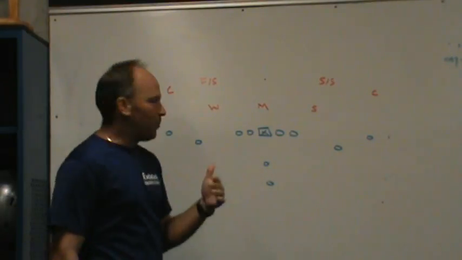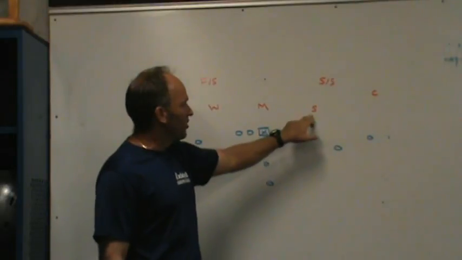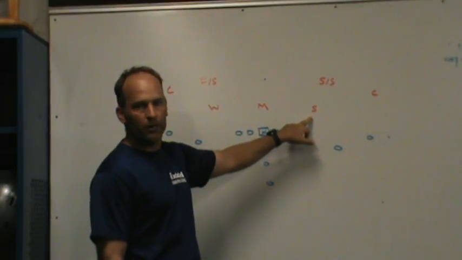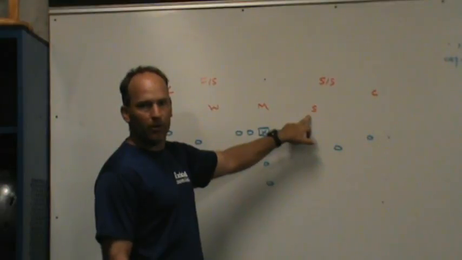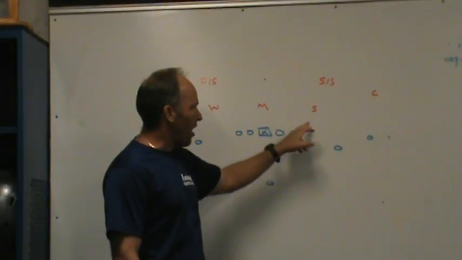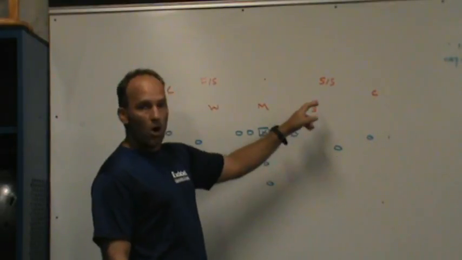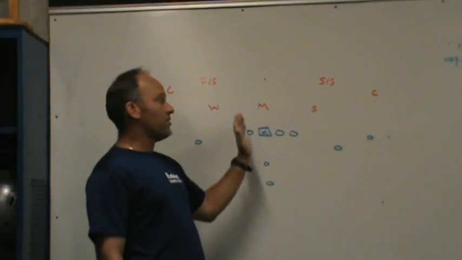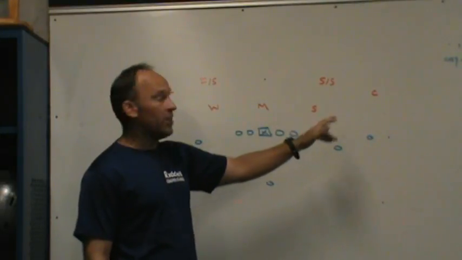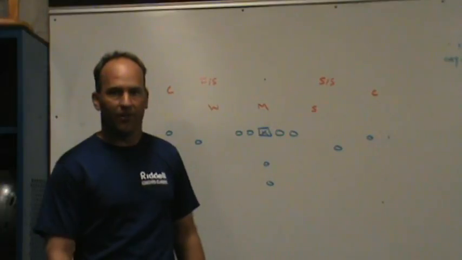Generally speaking, from inside of number 2, he's not going to be the flat player. He's probably some type of hook player that may deliver himself later to the flat, but he's not the initial flat player in that defense.